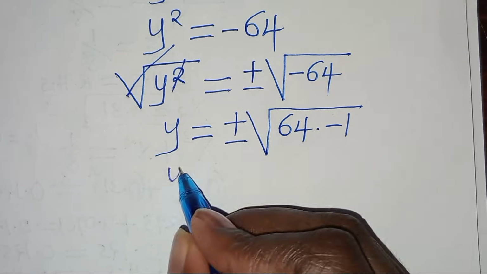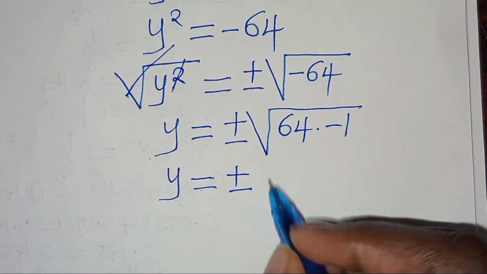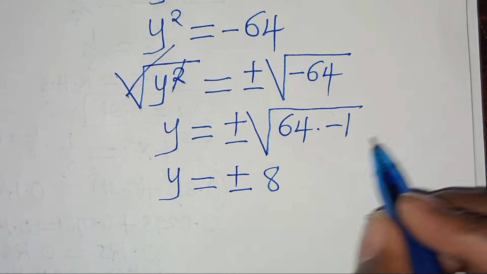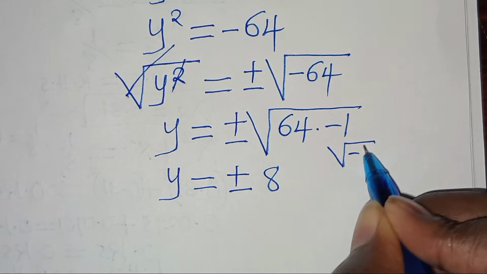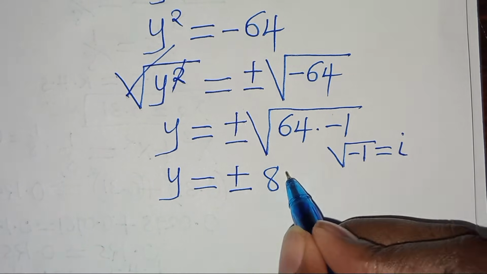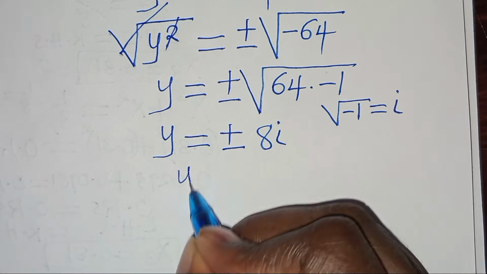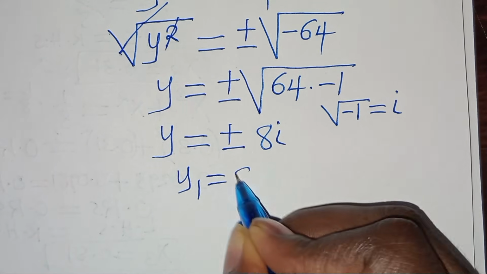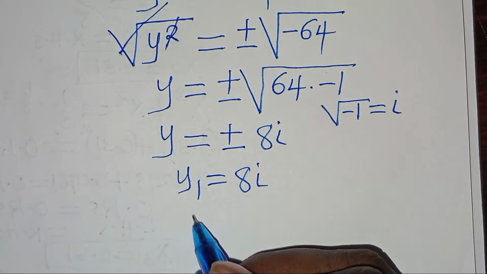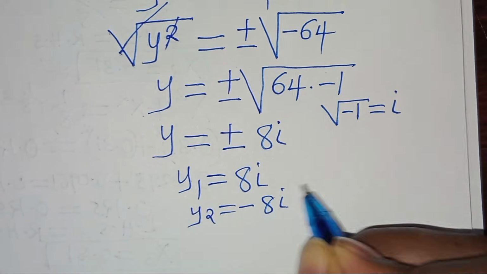So we have y equal to plus or minus the square root of 64, which is 8, then the square root of minus 1, which is i. So we have plus or minus 8i, and this implies that y1 is equal to 8i, and y2 is equal to minus 8i.